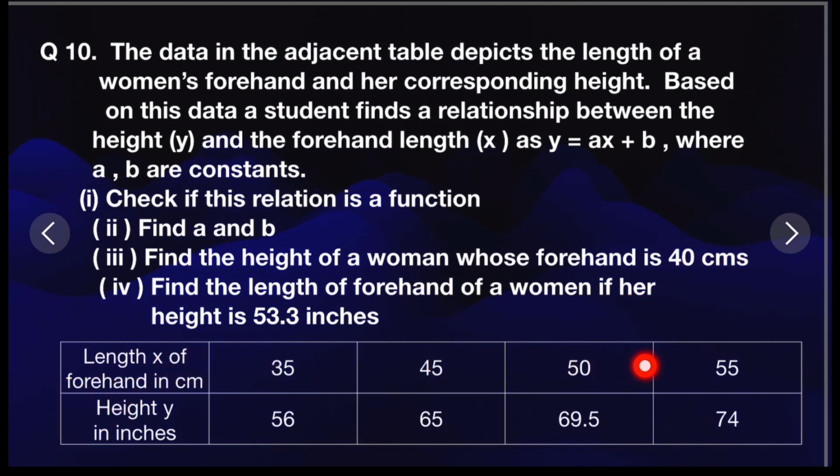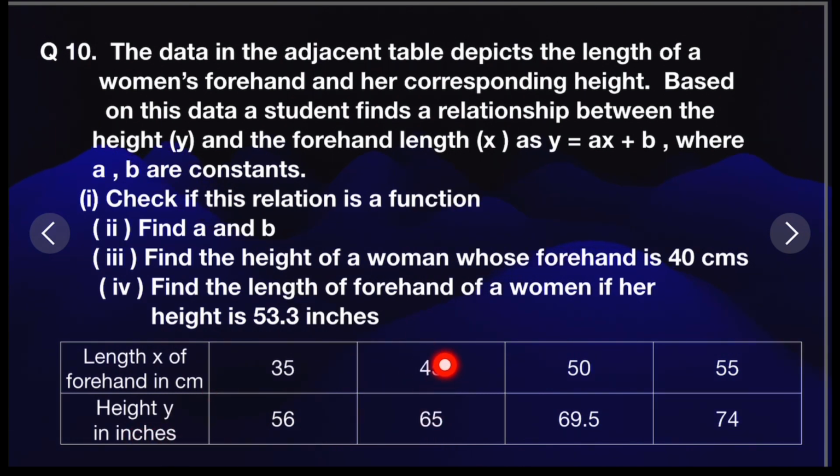So these are the values of x, that is the length of the forearm: 35, 45, 50, 55. And the height: if she has 35 centimeter as a forearm, the height will be 56. If the length of the forearm is 45 centimeter, the height will be 65 inches.